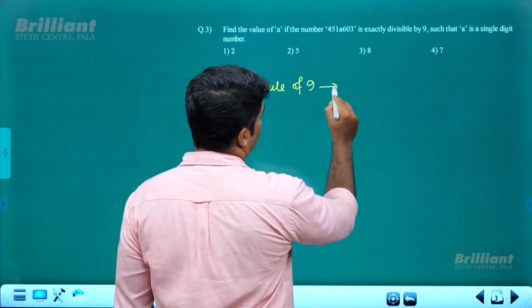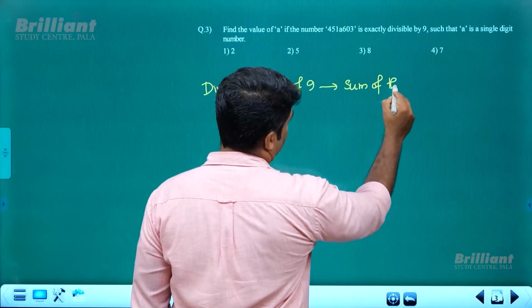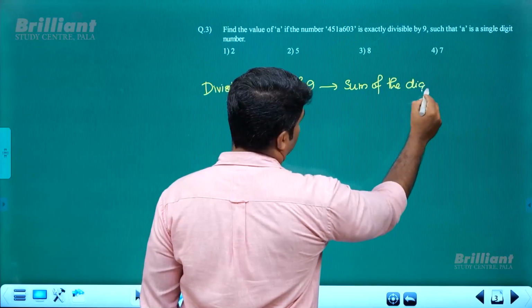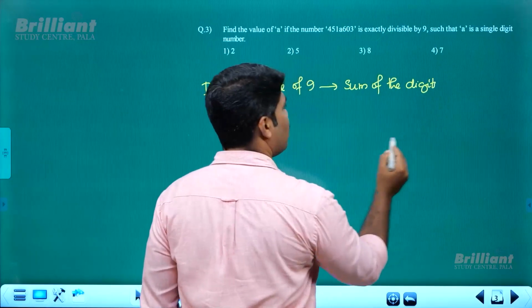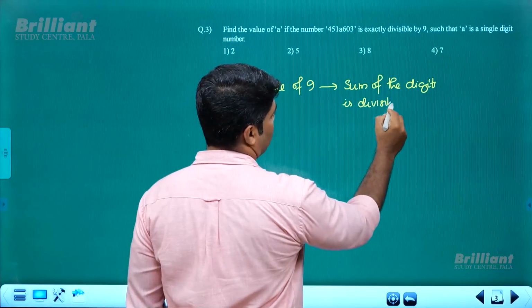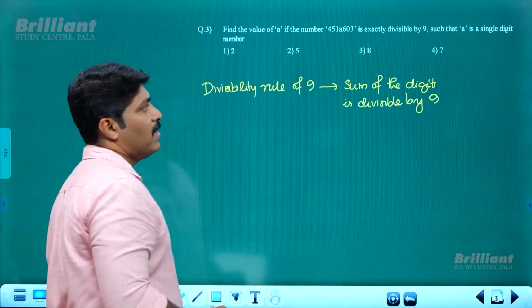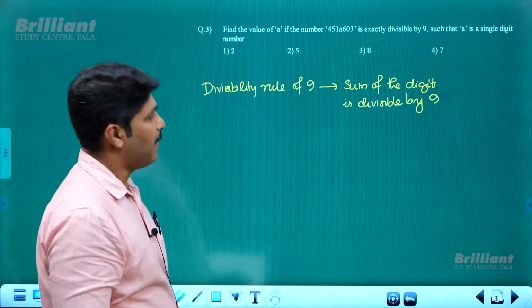The sum of the digits should be divisible by 9. The sum of the digits of the given number should be divisible by 9.